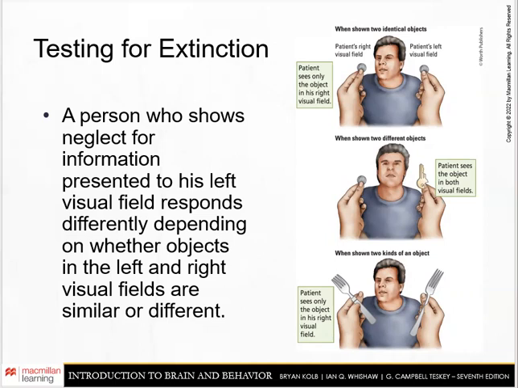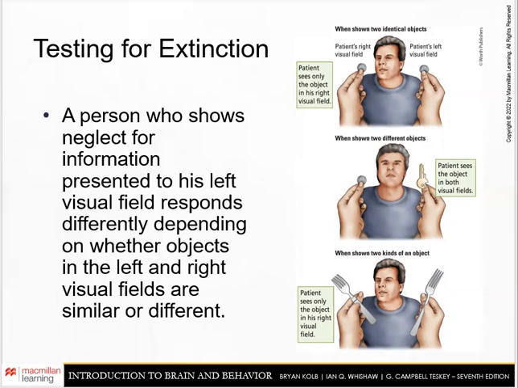These objects are both in the patient's right visual field and in his left visual field. The patient sees only the objects in his right visual field, even though both are presented to him. So if you ask the patient, what am I holding up in front of you? He would say, oh, you're holding a coin. And he'd be correct. You have coins in both hands.